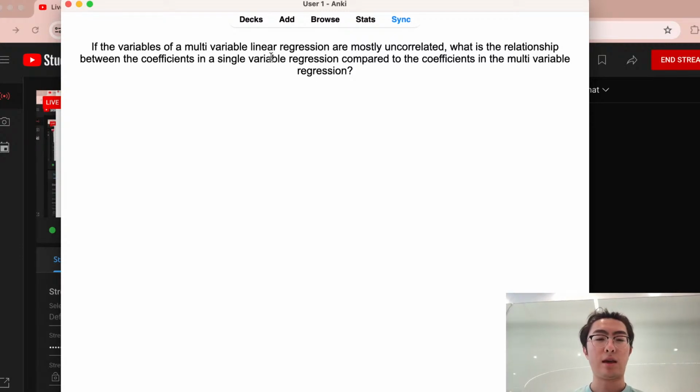So if a multivariable linear regression has mostly uncorrelated variables, I would assume that the coefficients would be similar because you don't have different regressors or variables capturing the maybe impact that the coefficient would have for a single variate regression.